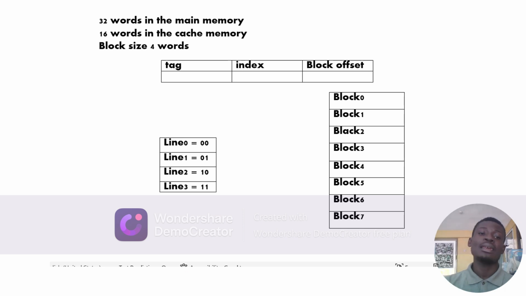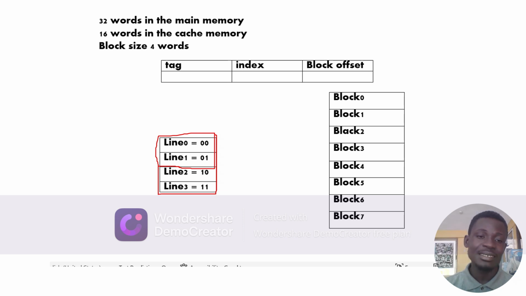In this one, the lines in the cache memory are divided into sets. So how many lines do we have here? We have four lines.